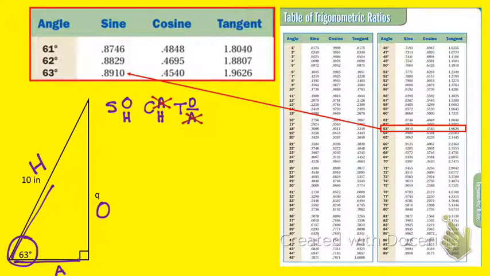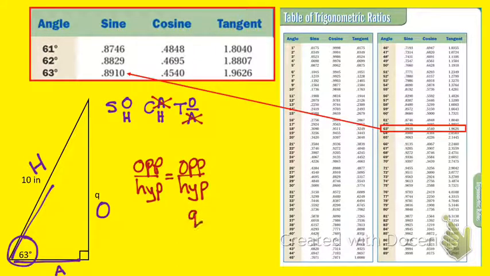So to set the problem up, we have sine equals opposite over hypotenuse, and opposite over hypotenuse. In our triangle, the opposite is q and the hypotenuse is 10. And in our other triangle, well, we don't have another triangle, but we do have a trig table.